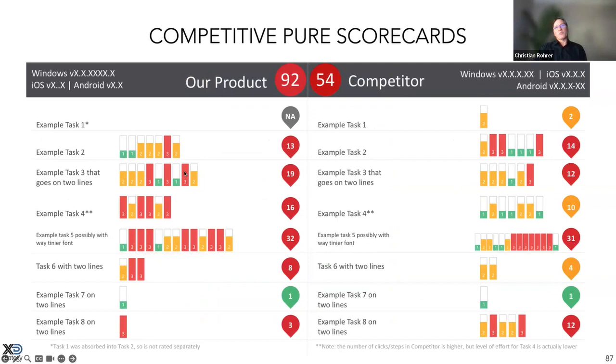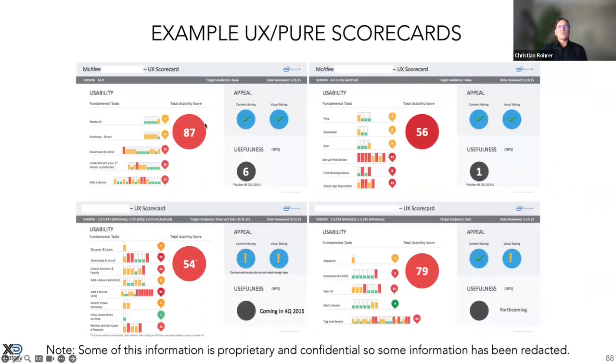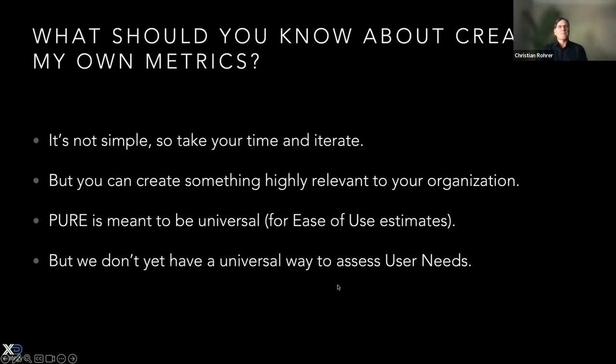Or you can compare your product versus a competitor's, and that usually lights the fire underneath executives to get moving, because they don't like to lose against their competitors. And then finally, you can show products against each other. That's not exactly a fair comparison, but when we did this, we could see how one suite versus a different product would fare, and it created a little bit of healthy competition internally to get your product to be better than the others.